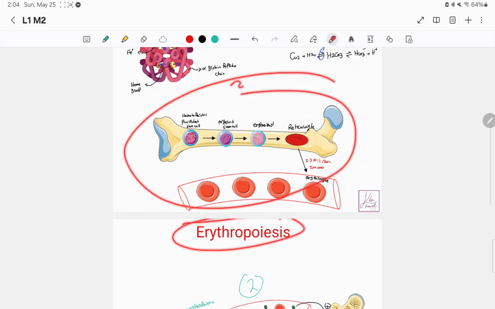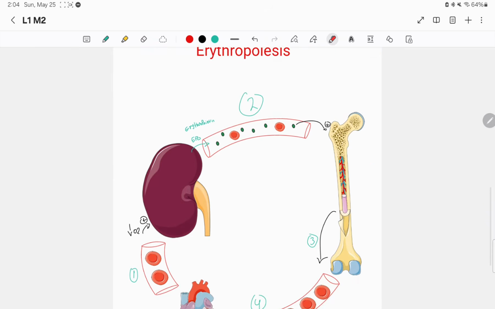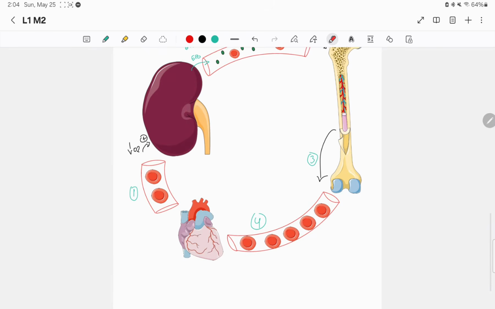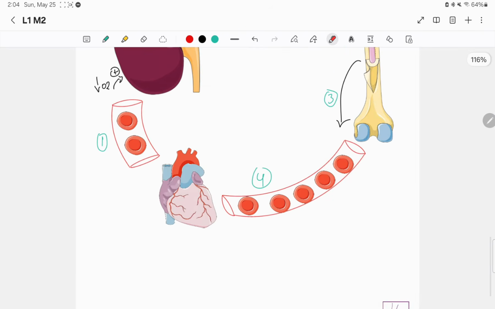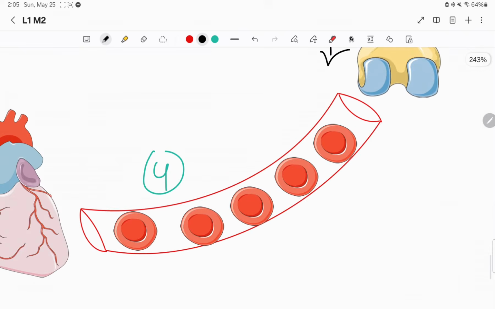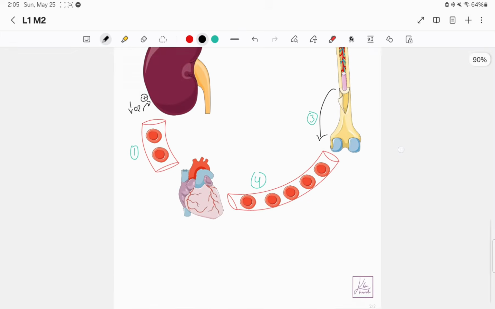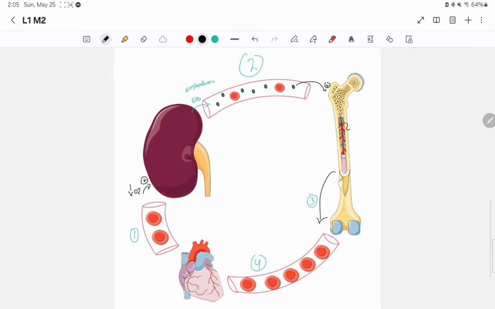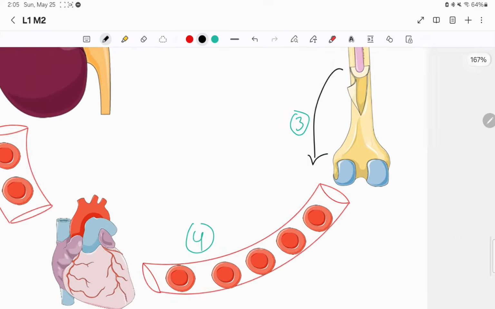This process right here, it'll stimulate that process inside of the red bone marrow, and after the red bone marrow is done, it'll release those mature reticulocytes into the bloodstream, which will now be called red blood cells or erythrocytes. Okay? So, one more time, the EPO stimulates the red bone marrow to make red blood cells go through erythropoiesis.